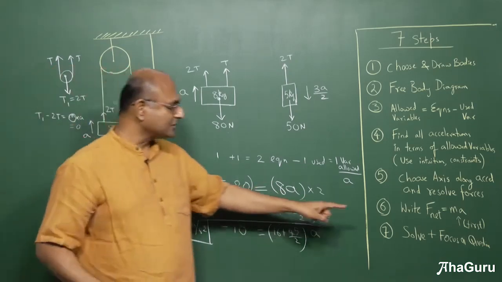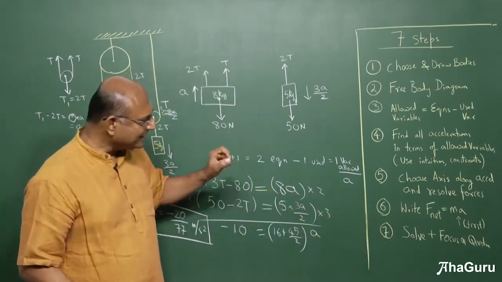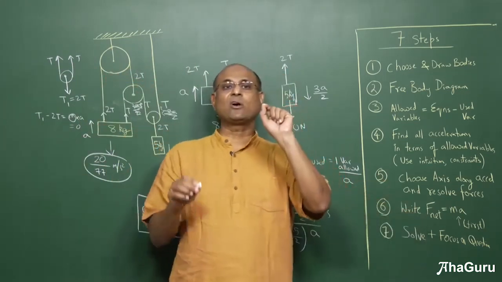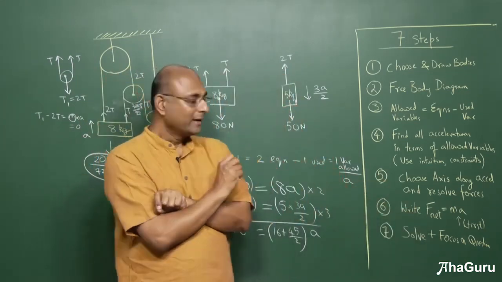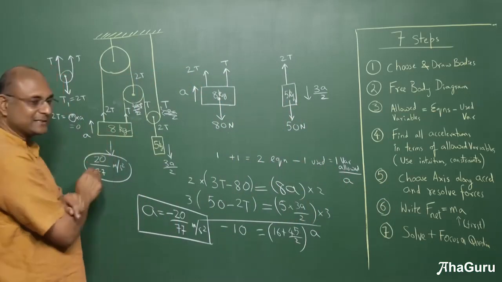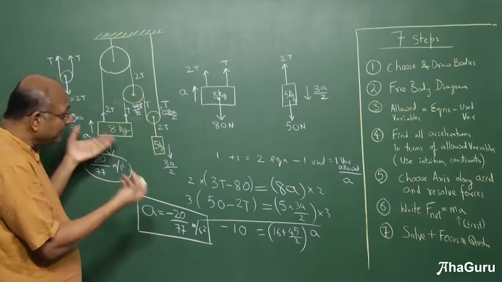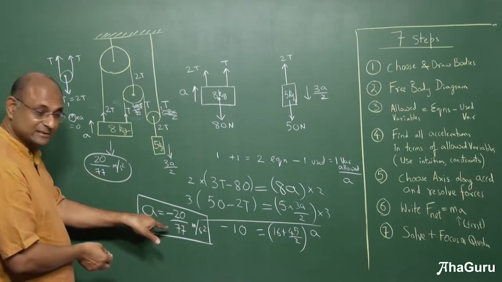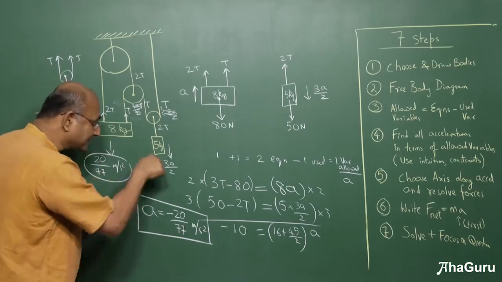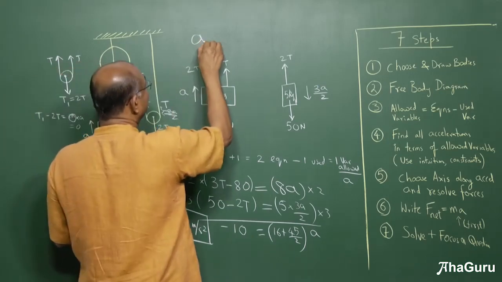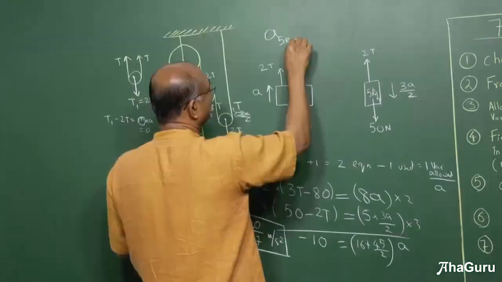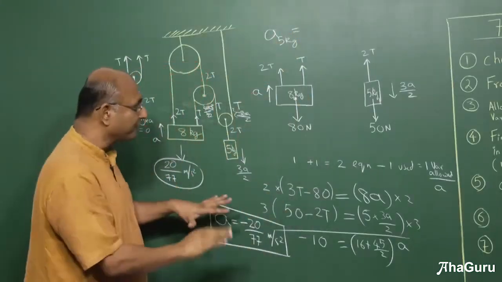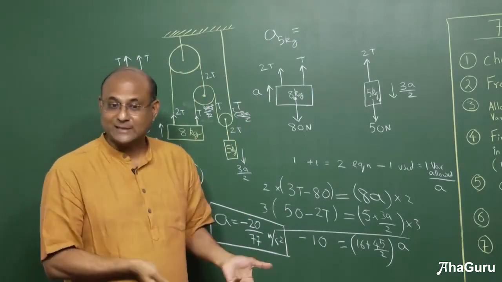Now the last step says solve, which we have done, and then there is a small thing here, focus on the question. If the question had asked me for this guy's acceleration, fine. Maybe the question asked me for acceleration of 5 kg block. Is the answer this? No, right? Then you have to go back and substitute. Suppose the question had said acceleration of 5 kg block. After you finish, go back and look at what the question actually is asking.